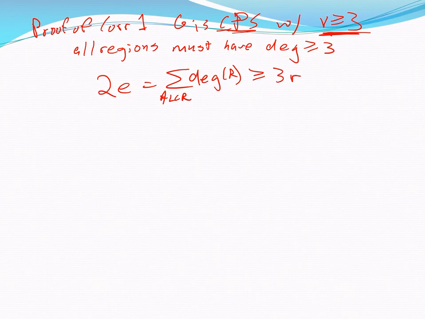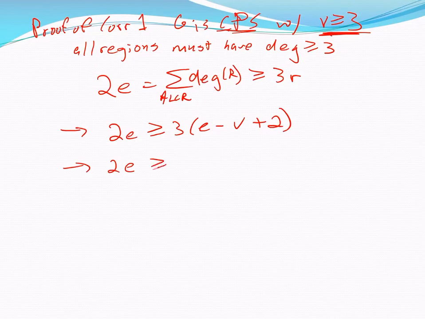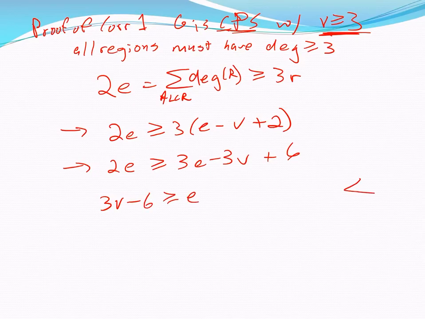And I'll substitute Euler's formula for r here. So that says 2e is greater than or equal to 3 times (e minus v plus 2). That's 2e is greater than or equal to 3e minus 3v plus 6. And I'll subtract 2e from each side to get 3v minus 6 is greater than or equal to e, which is what Corollary 1 asserts.